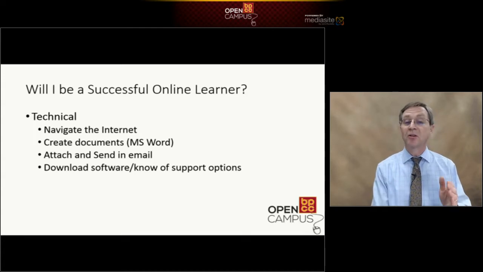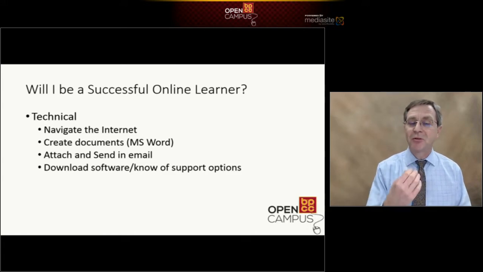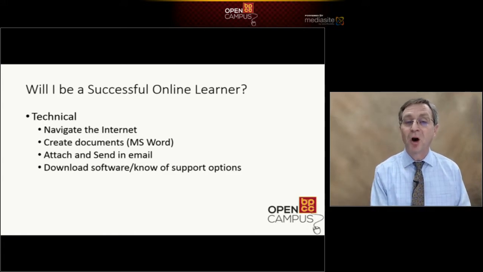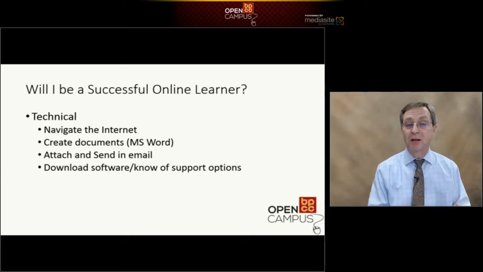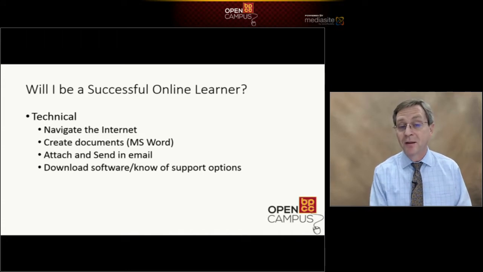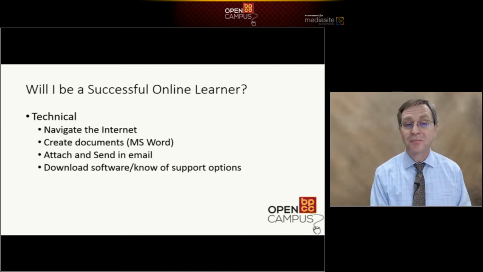Some courses require specific software. And another skill is you may need to occasionally update a program on your computer. Now, if you're not comfortable with those technical skills, you just need to know where you can access help. That may be from a friend, from the internet, or from the school's support site.